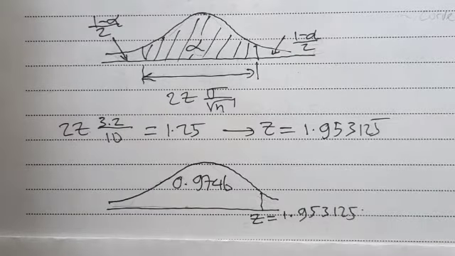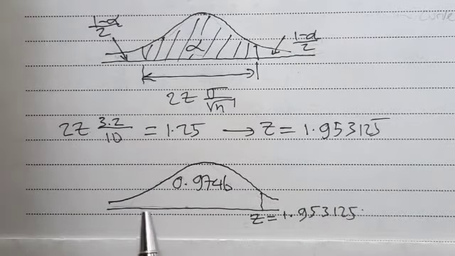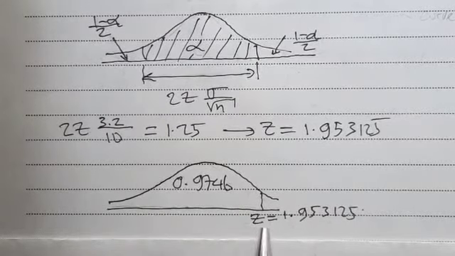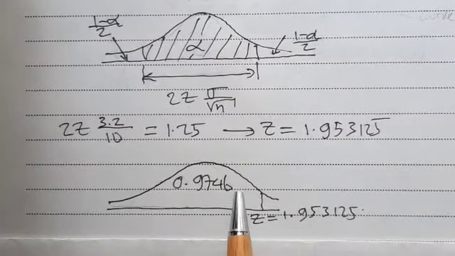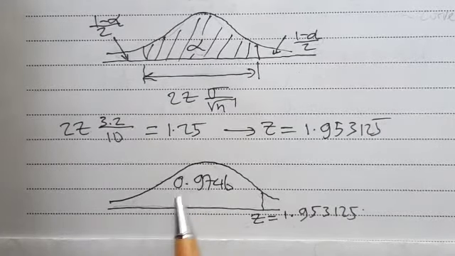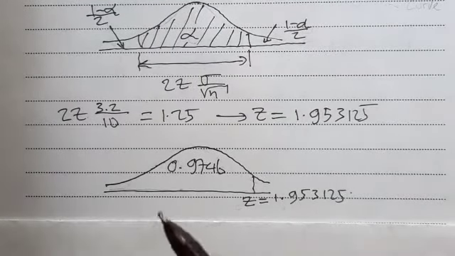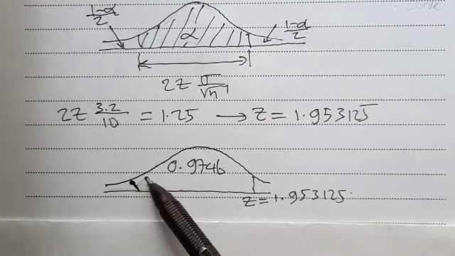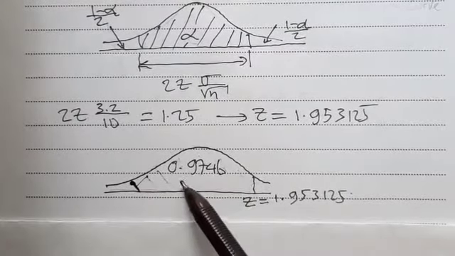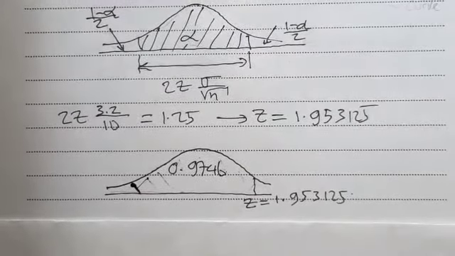Now, that is the normal distribution again here, and z is 1.953125. From tables or from calculator, we find the area here, that is 0.9746.